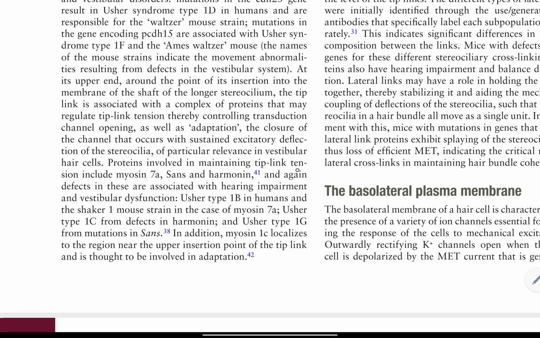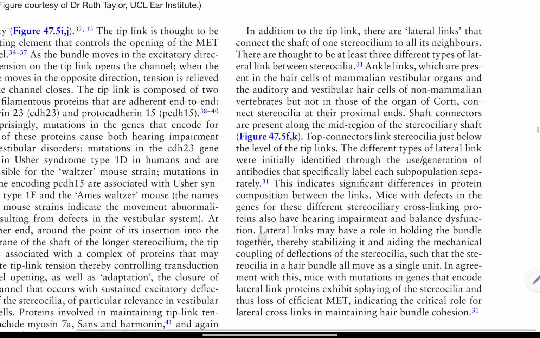Proteins involved in maintaining tip link tension include myosin 7A, SANS, and harmonin, and again, defects in these are associated with hearing impairment and vestibular dysfunction: Usher type 1B in humans and the Shaker 1 mouse strain in the case of myosin 7A, Usher type 1C from defects in harmonin, and Usher type 1G from mutations in SANS. In addition, myosin 1c localizes to the region near the upper insertion point of the tip link and is thought to be involved in adaptation.